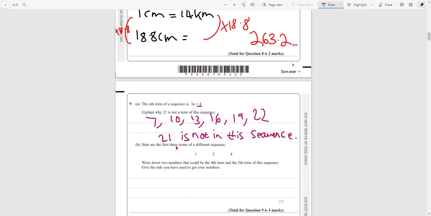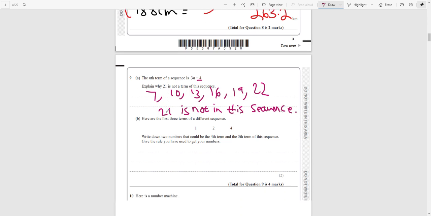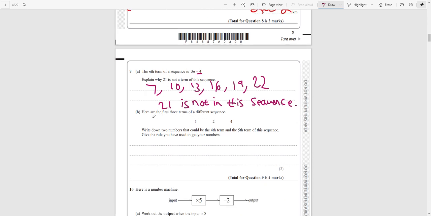Okay. Now let's do 9 part B. Here are the first 3 terms of a different sequence. Write down 2 numbers that could be the 4th term and 5th term of the sequence. Give a rule you have used to get your numbers. So let's find the difference.